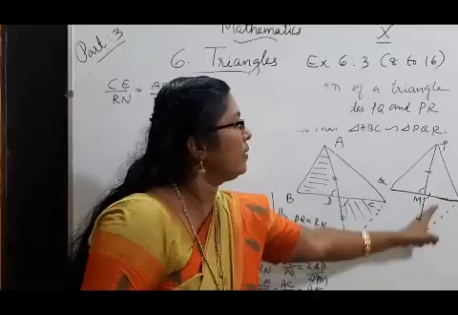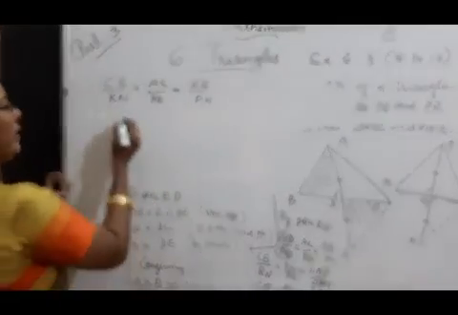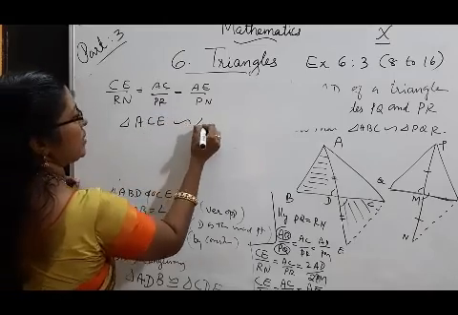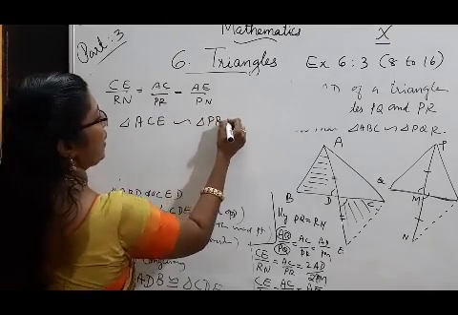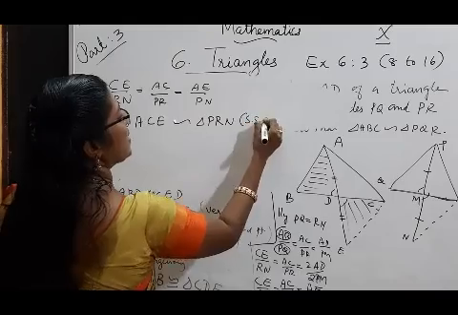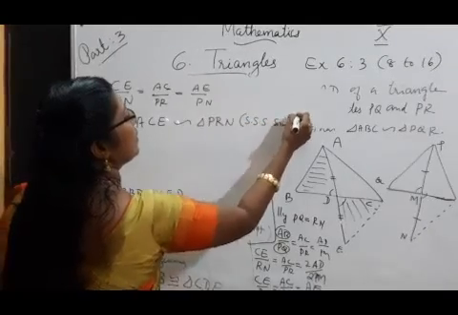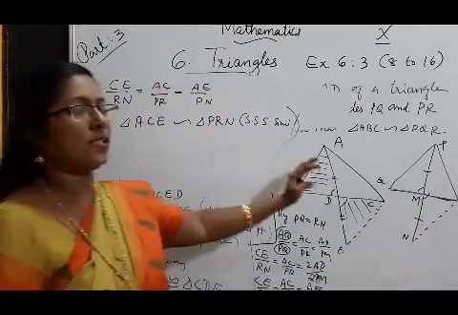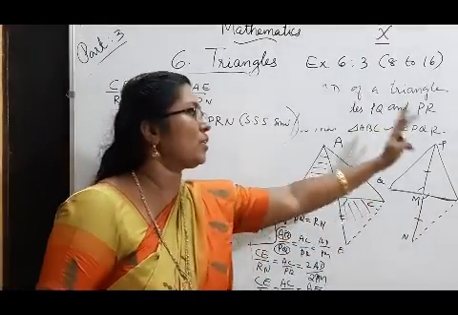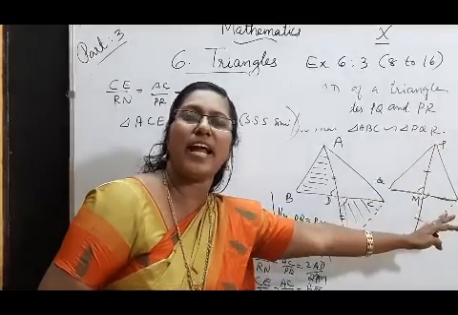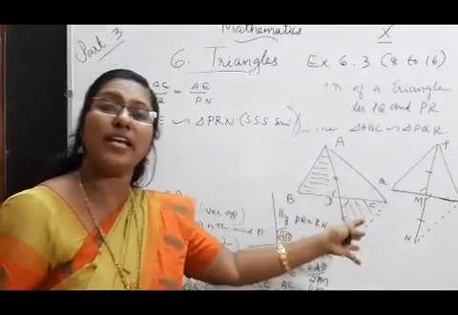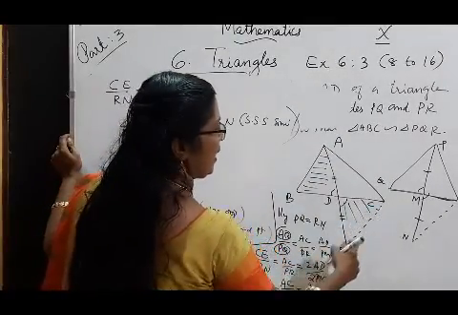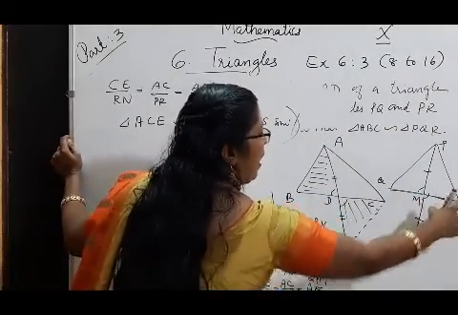This triangle and this triangle, so we can write triangle ACE similar to triangle PRN by SSS similarity criterion. The three sides of a triangle are proportional to the three sides of another triangle, so the corresponding angles are equal. They are similar.